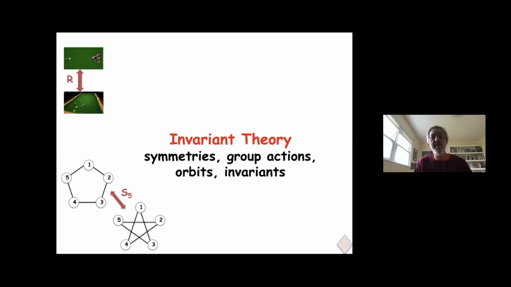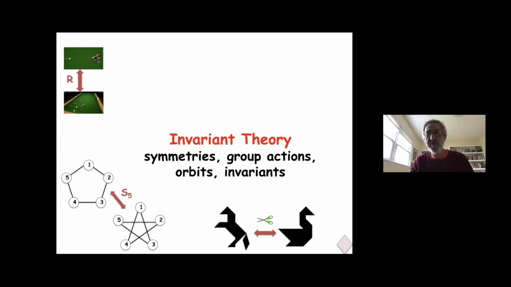You let time evolve, and it changes the configurations on the table. Here's another one. You can take a shape, and you can just cut it and move pieces around, let's say, without overlapping them, and you get other shapes. It's also a group in some sense, because you can take inverses and it composes. Although I don't know how to define this group.